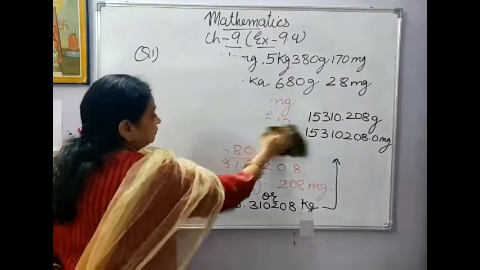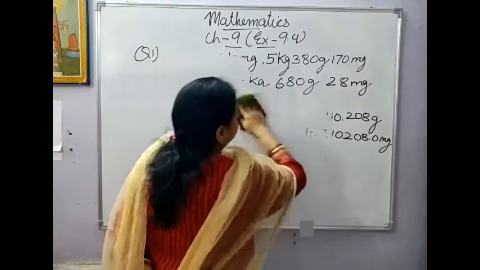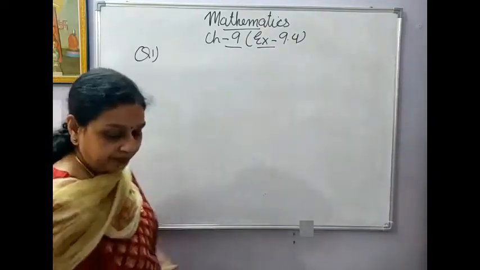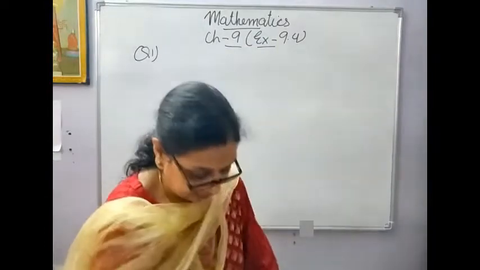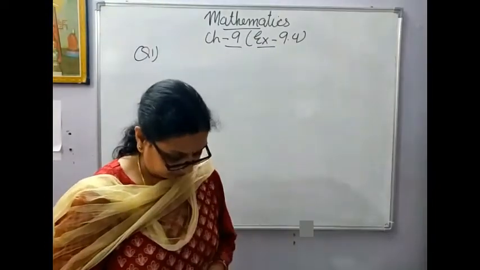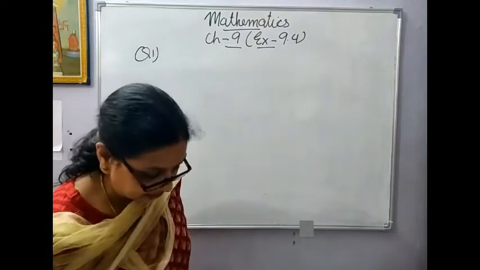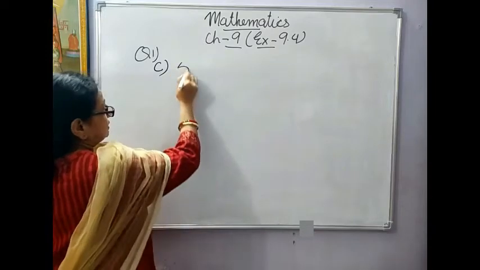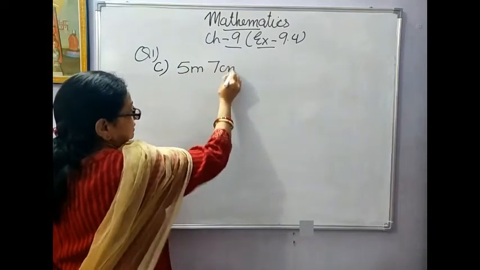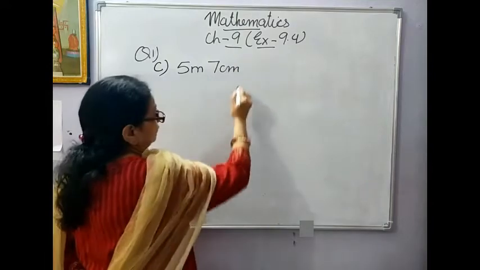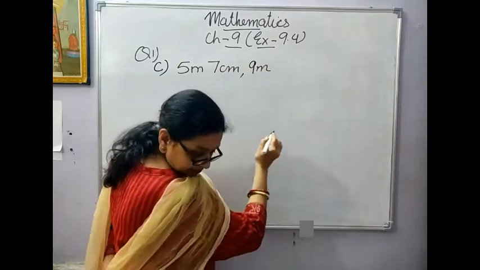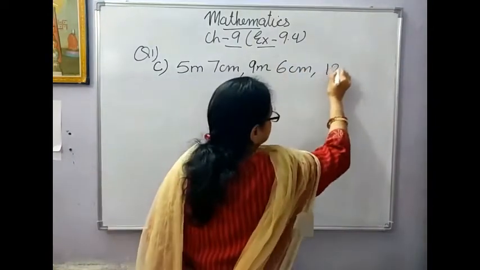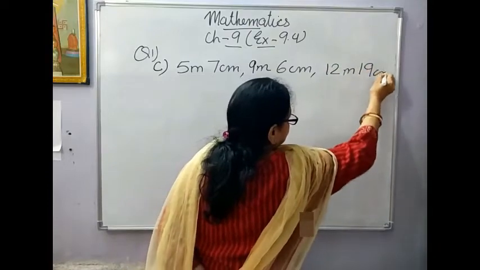So this was your sum number B. Okay, C, I'll again change the sum. Sum number C, suppose I take it 5 meter 7 centimeter, 9 meter 6 centimeter and 12 meters 19 centimeter.